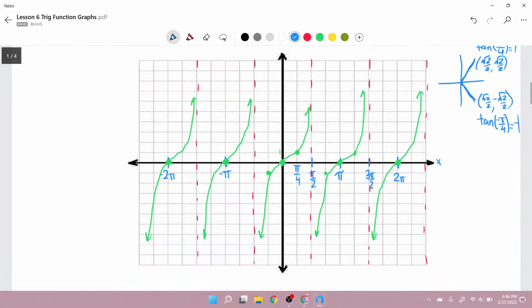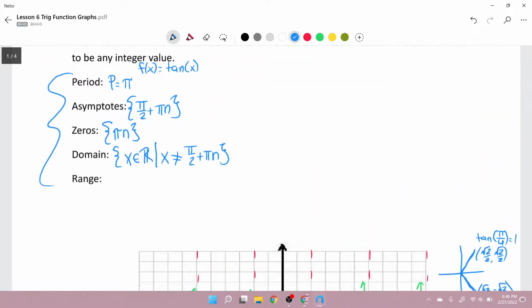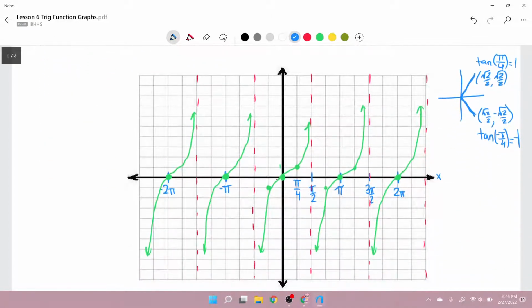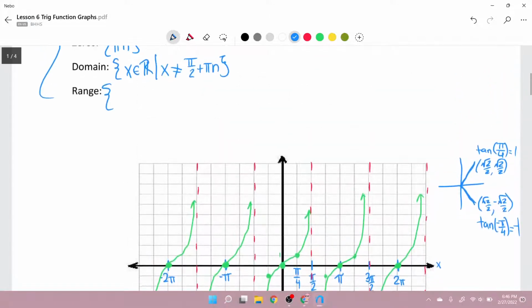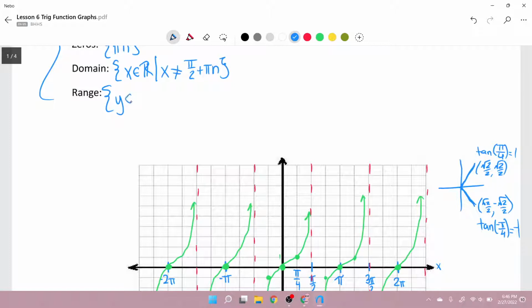If we look at where our function exists, it exists at all x values except for the pi halves plus pi n asymptotes. Then our range, well, look at this. Our graph will go all the way to negative infinity, all the way to positive infinity. So y is an element of all real numbers.